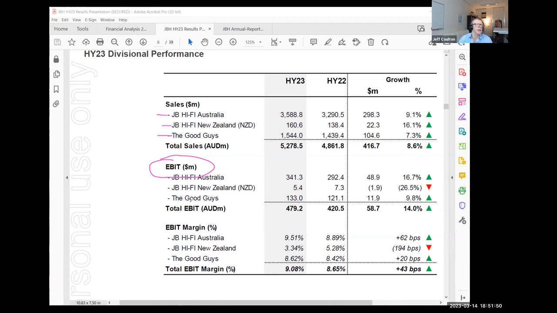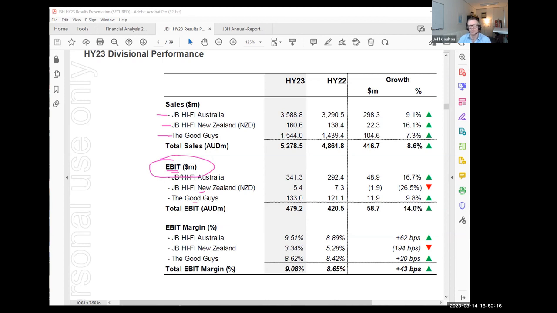In the same way, JB Hi-Fi, the group, is going to be taxed as a consolidated group. So JB Hi-Fi New Zealand and Good Guys is going to impact on the overall tax position of JB Hi-Fi. So that's why we see a measure like EBIT, earnings before interest and tax, as a performance measure for these divisions.